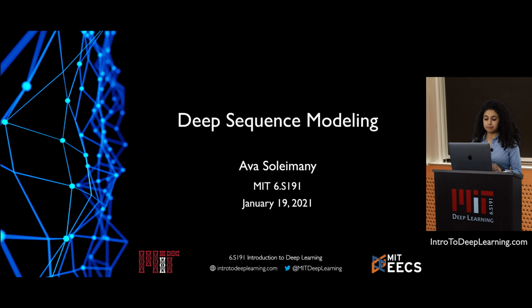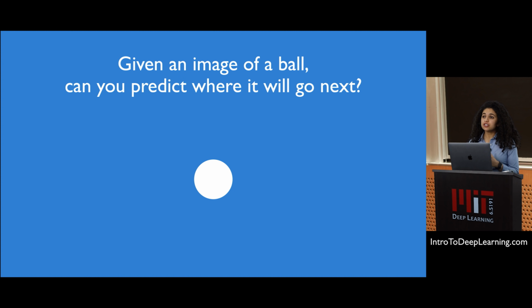So let's dive right in. First, I'd like to motivate what we mean in terms of sequential modeling and sequential processing by beginning with a very simple, intuitive example. Let's suppose we have this picture here of a ball, and our task is to predict where it's going to travel to next. Without any prior information about the ball's history or understanding of the dynamics of its motion, any guess on its next position is going to be exactly that, just a guess.